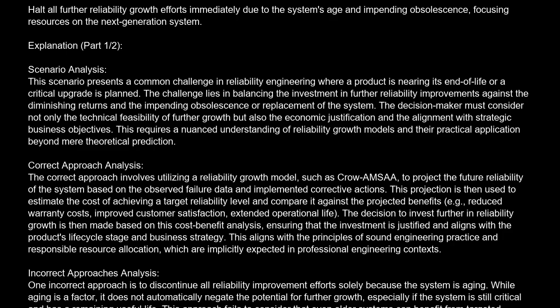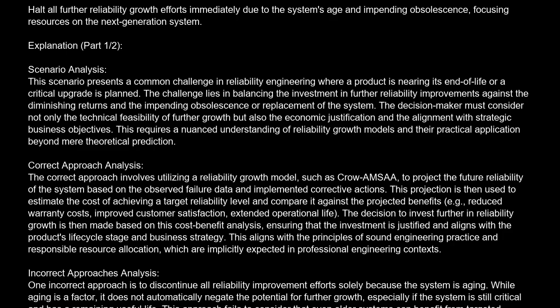This projection is then used to estimate the cost of achieving a target reliability level and compare it against the projected benefits, e.g., reduced warranty costs, improved customer satisfaction, extended operational life. The decision to invest further in reliability growth is then made based on this cost-benefit analysis, ensuring that the investment is justified and aligns with the product's lifecycle stage and business strategy.